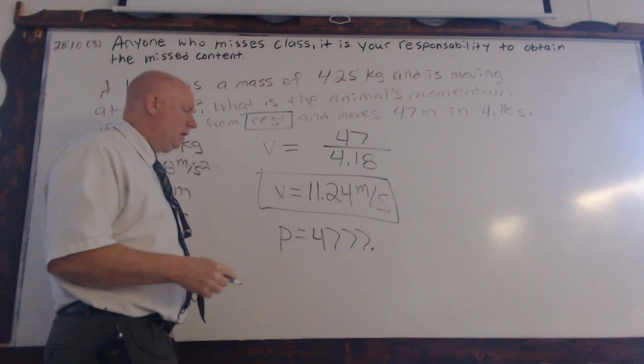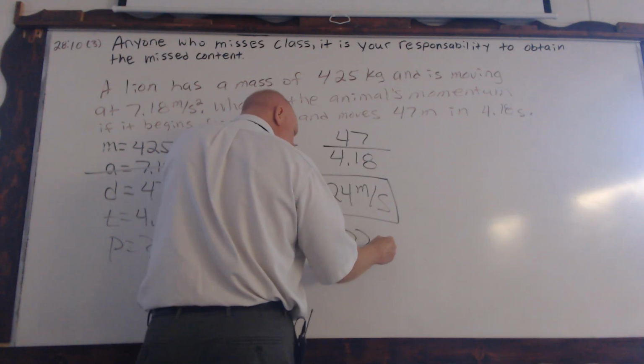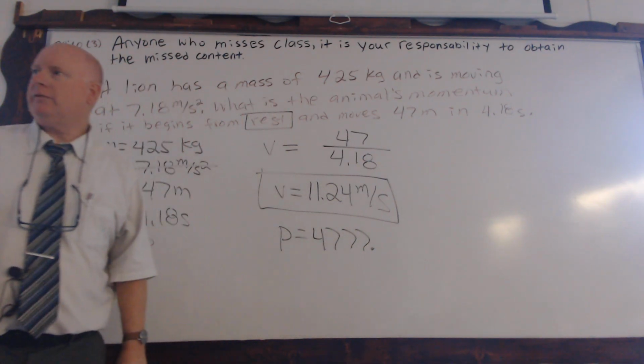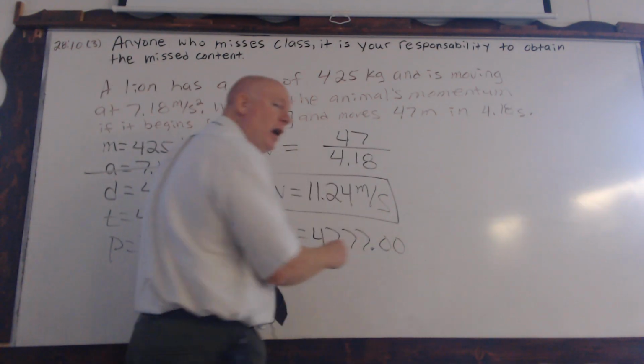Comes out even? You don't get a decimal? How did we get this?